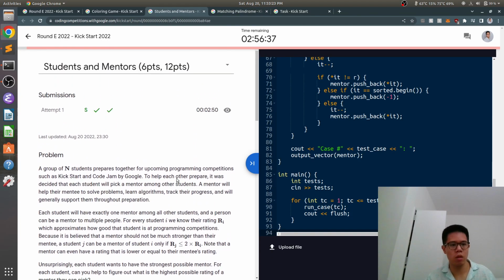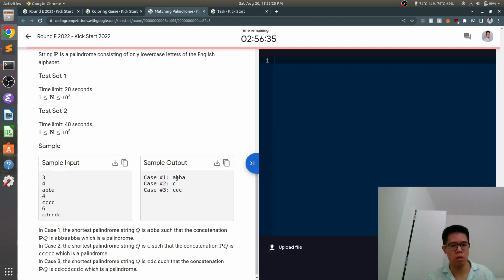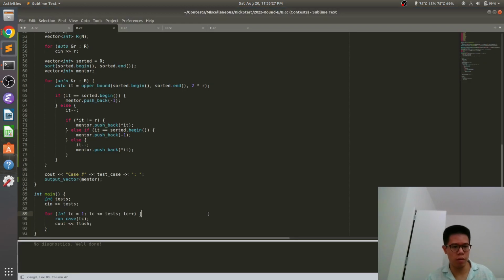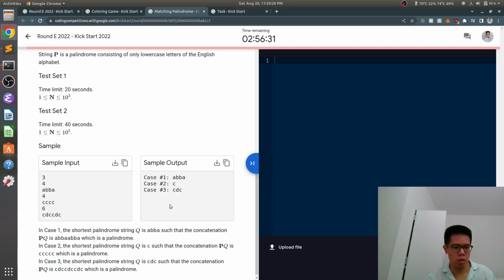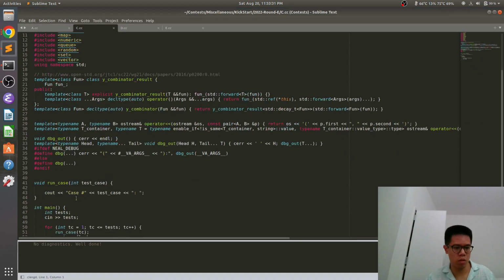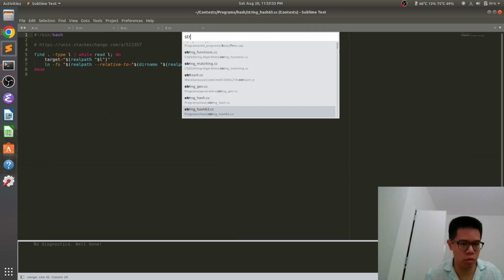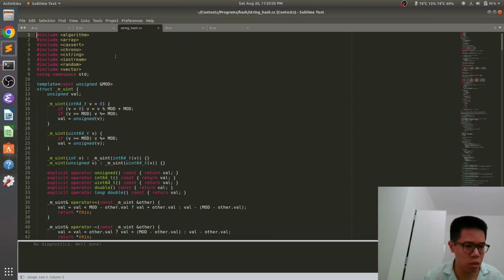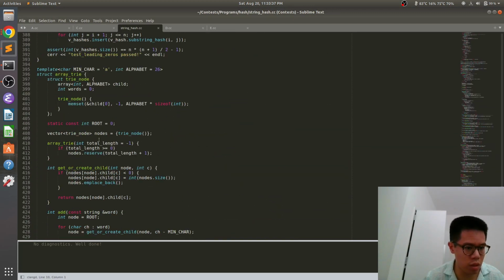Okay. Cool. So sure, I guess I could do this with my string hashing. It seems like an easy enough way to set it up.